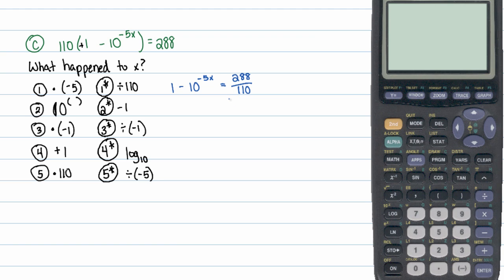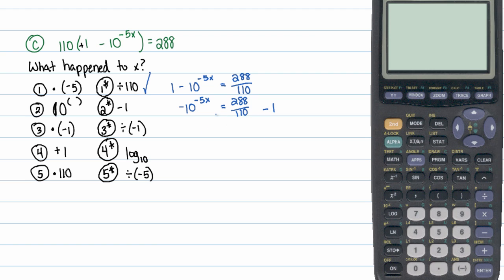I just know it's going to happen in this problem. So I'm not going to bother with simplifying fractions. So this step is done. I will now subtract 1 from both sides. So I'll get this 288 over 110 minus 1. And again, I'm not going to combine those numbers because I'm going to grab a calculator in a moment.